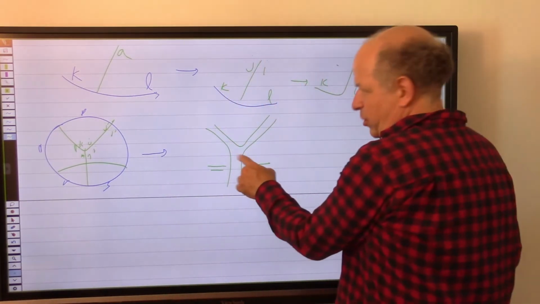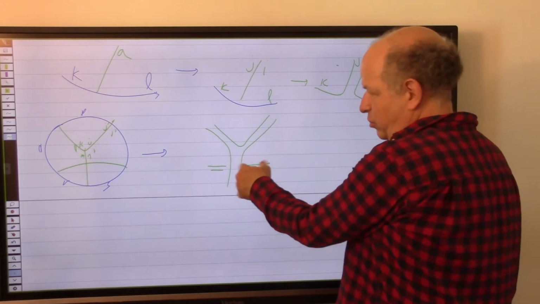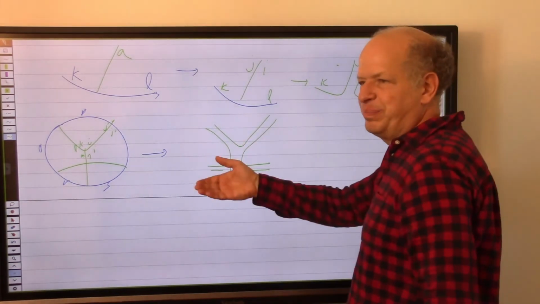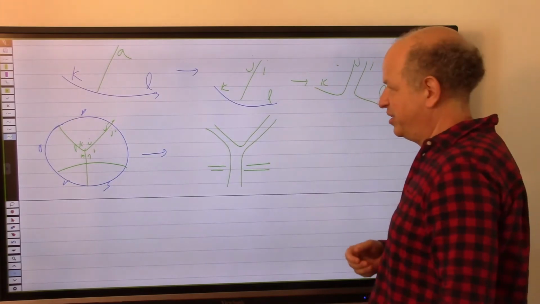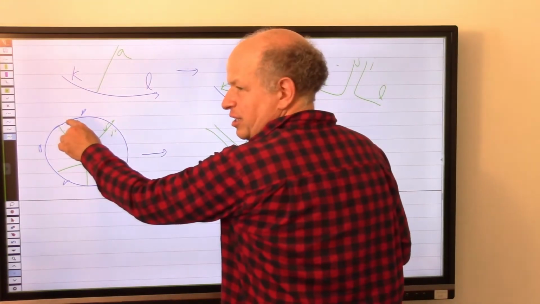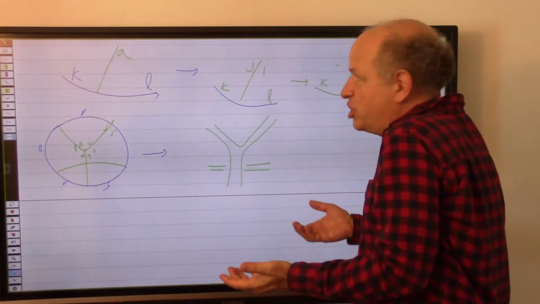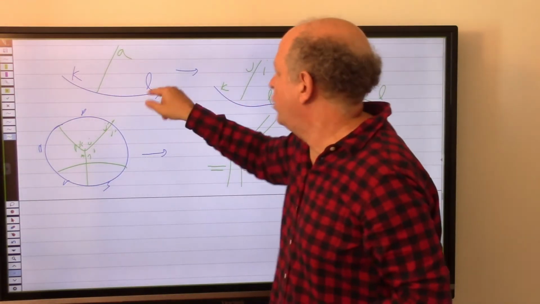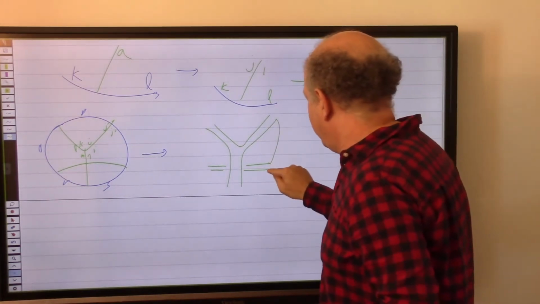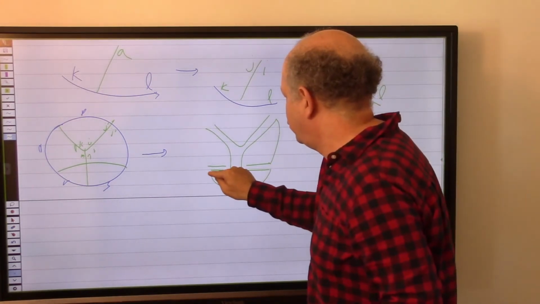This is not a crossing like in knot theory. It's just that the picture is cleaner if I don't make them cross. Each of the external edges remains a single edge, like the blue edges remain single blue edges, and they are connected in this way.